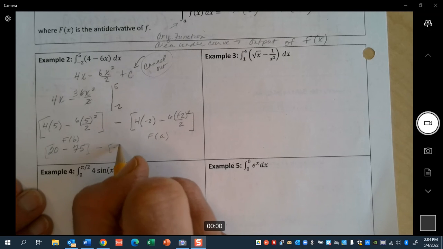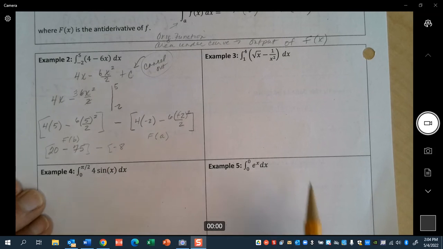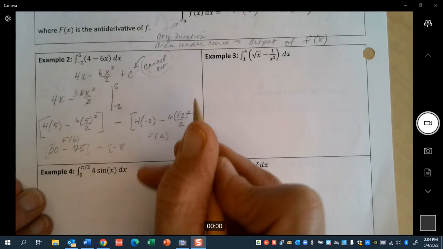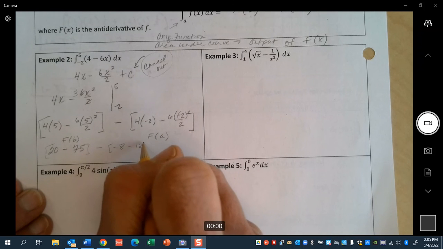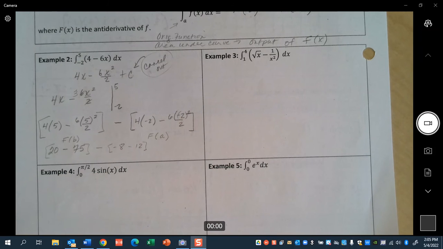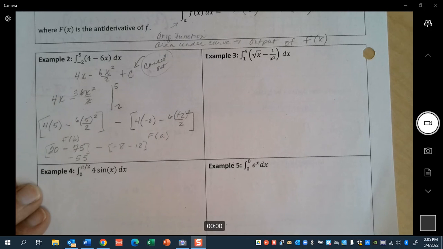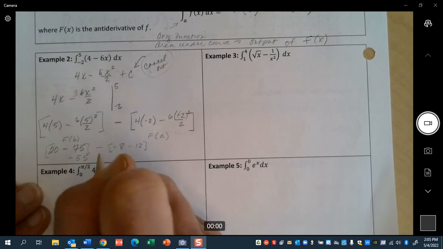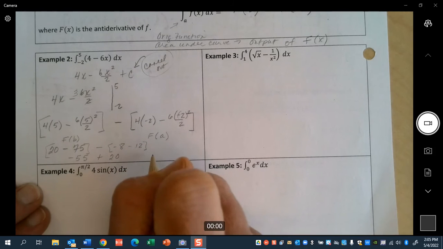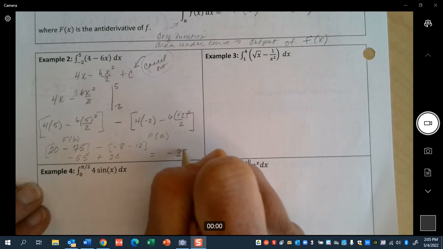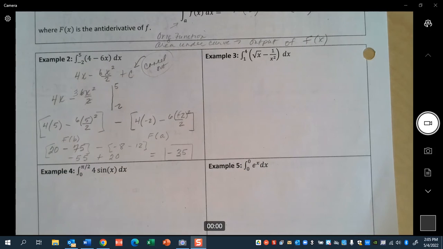Minus -8. -2 squared is positive 4, so that's minus 12. 20 minus 75 is -55. And this is going to be -20, so it's going to be plus 20. How'd you do? Do we agree? Somewhat.